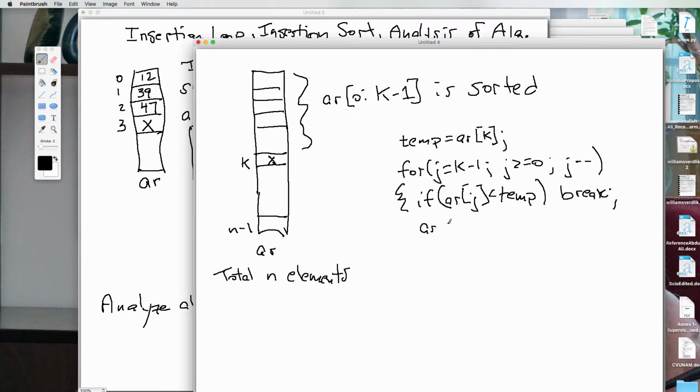Otherwise, I want to let AR of J plus 1 equal AR of J. And I'm going to come down here and end this. And down here, I'm going to say let AR of J plus 1 equal temp. Okay?